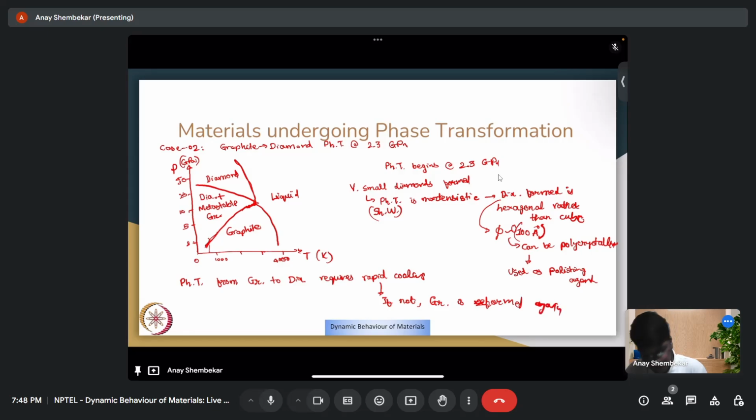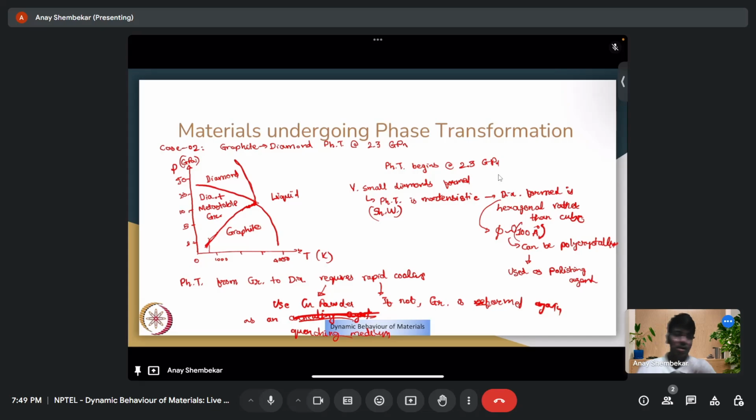No phase transformation. So to do this phase transformation, what they do is use copper powder as a quenching medium. Quenching or rapid cooling, sorry.